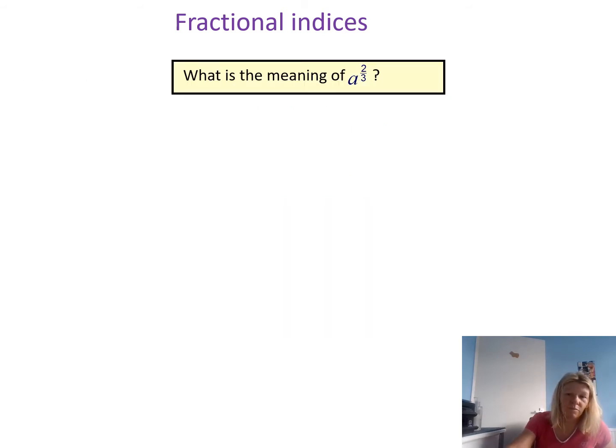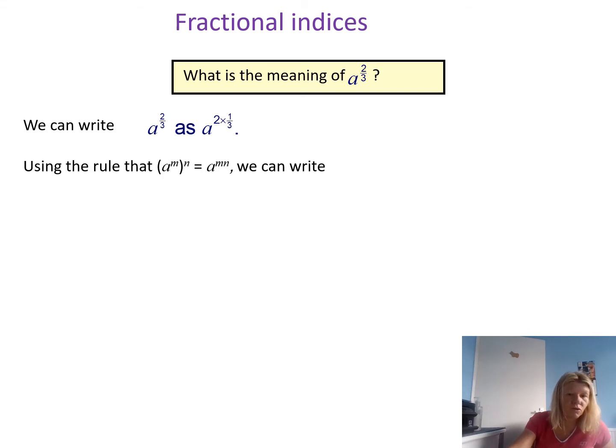Let's put some things into this then. What is the meaning of a to the 2/3? Well, we can write a to the 2/3 as a to the 2, or a squared, times a third. So using the rules, we can write a to the 2/3 as a squared to the power a third. So in other words, we could write it as the cube root of a squared.